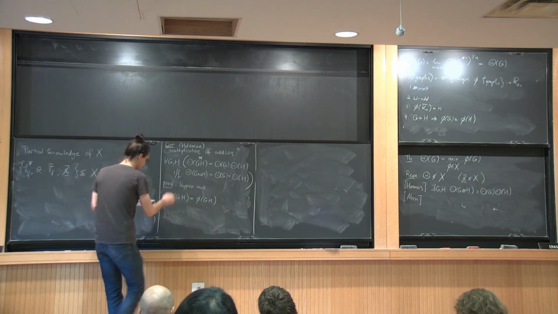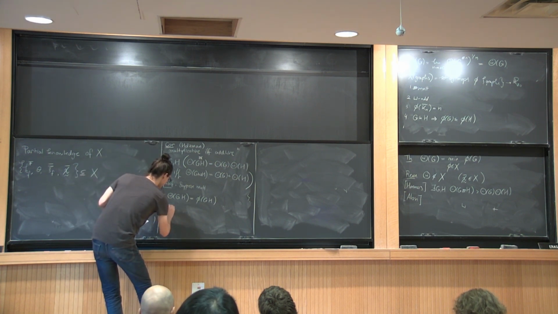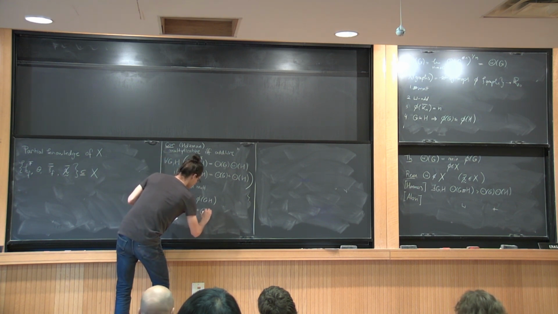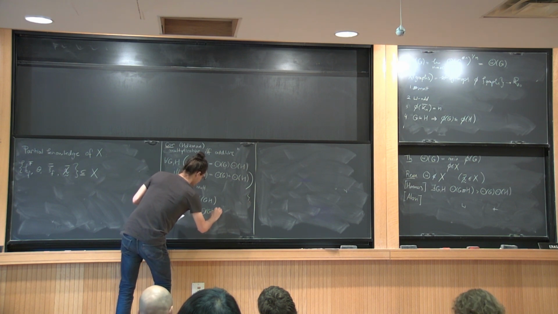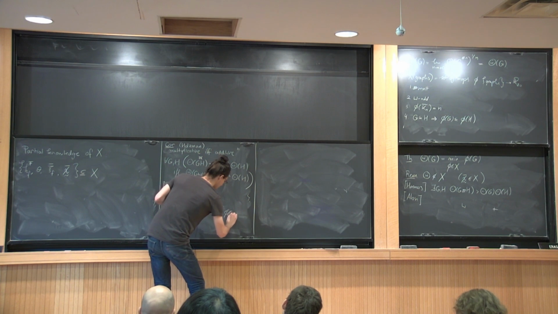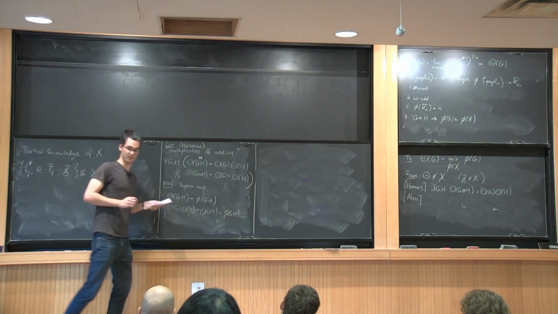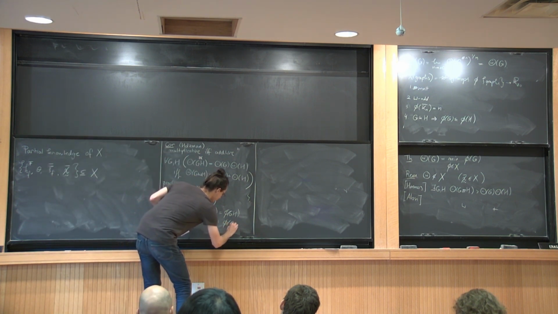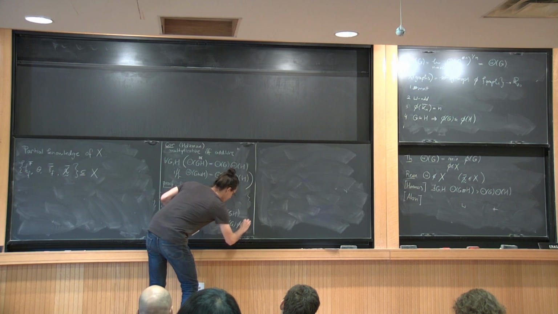Now we assume this Shannon capacity is multiplicative, so we have Shannon capacity of G times Shannon capacity of H equals Shannon capacity of G times H equals phi of G times H, and phi is multiplicative, so this equals phi of G times phi of H.